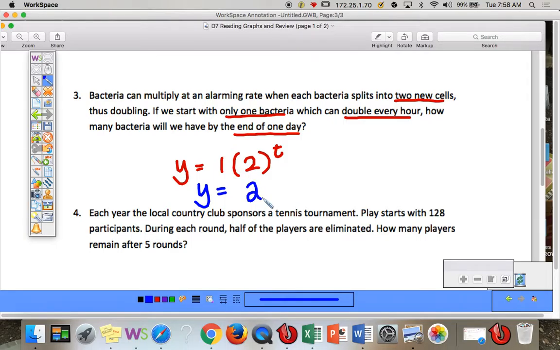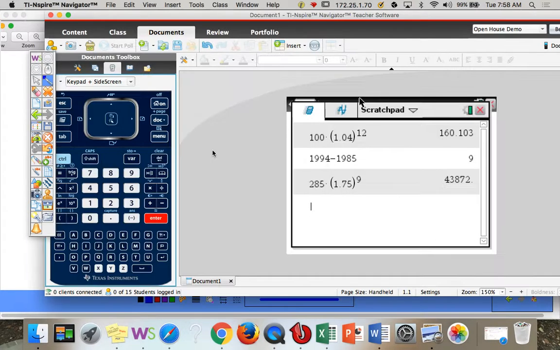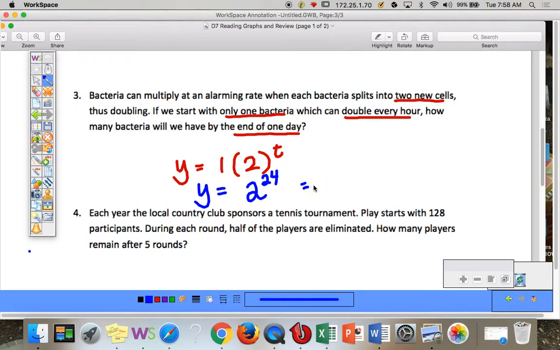So we can just do 2 to the 24th power. So at the end of 1 day you'd have a lot. You'd have 16,777,216 cells. That's quite a bit.